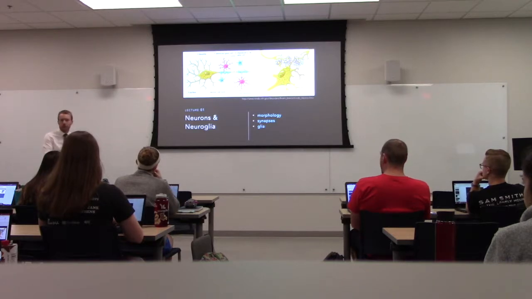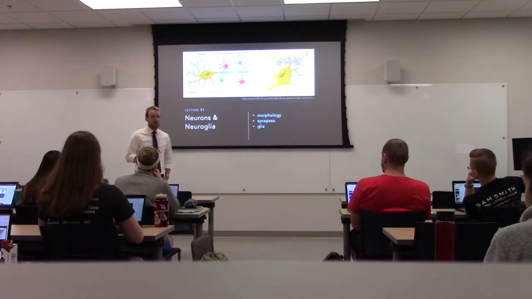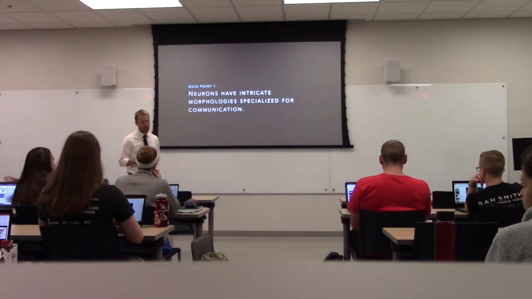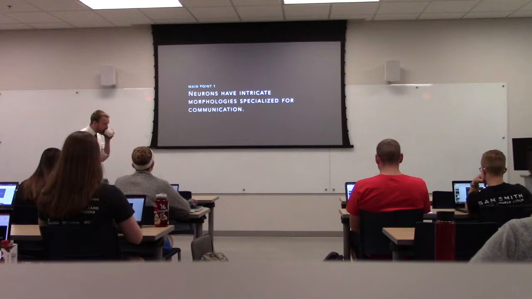And then we'll go through the glia. They get that name because they were thought of as just the glue that held the brain together. They weren't thought of as functional units, they were just packing peanuts. Of course, that's not true. And we'll go through that and give them the attention that they deserve.